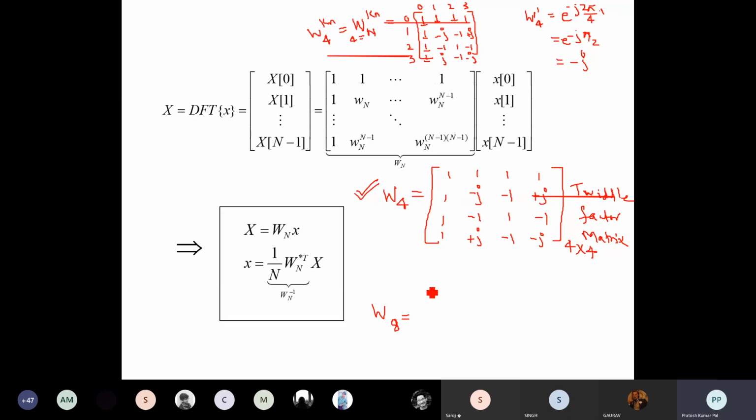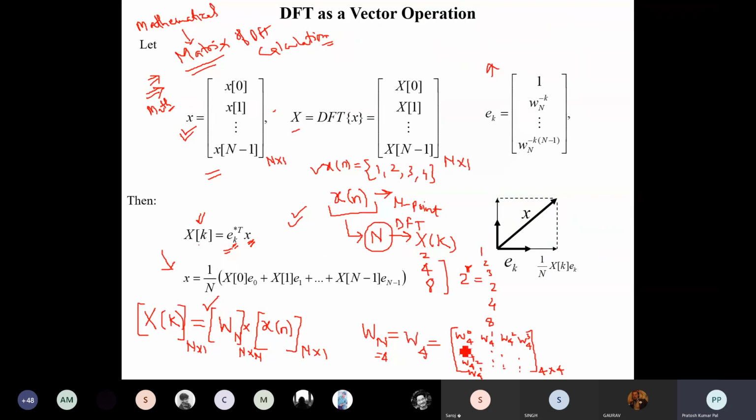Similarly, after expansion, we can calculate this W of 8, that will be an 8 cross 8 matrix, that we can calculate also. In the previous case, we were using the first one as 0.